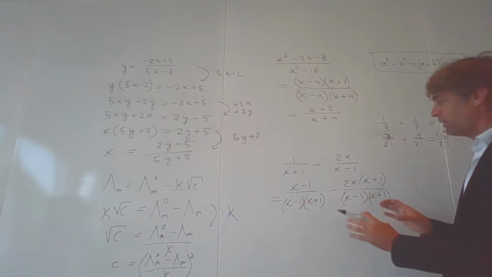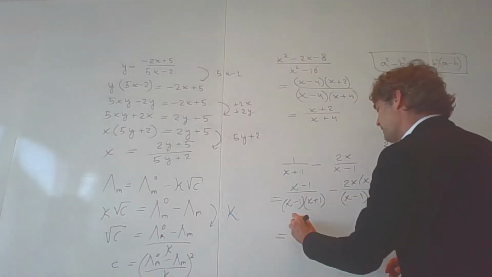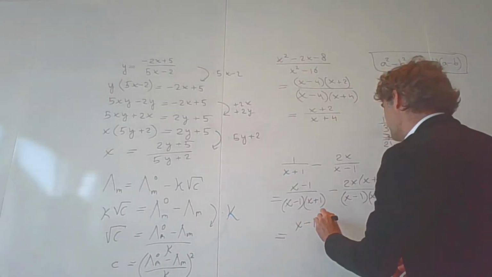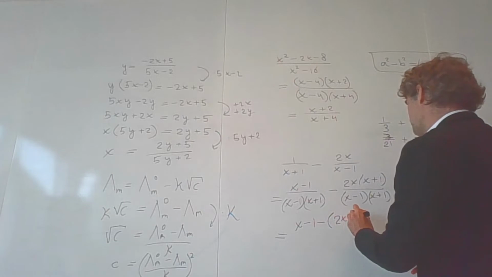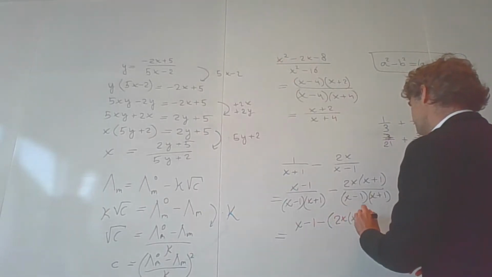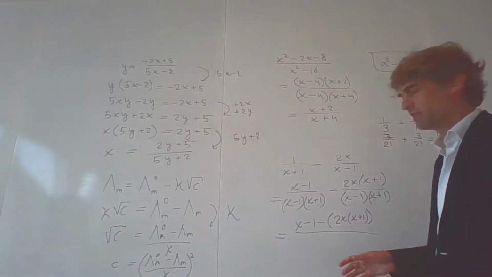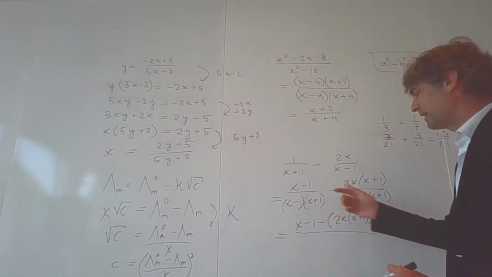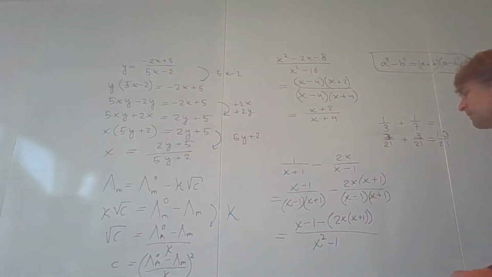All right, now they have equal denominators, we can join them. So you get x minus 1 minus, between brackets, 2x times x plus 1, and divided by x squared minus 1.